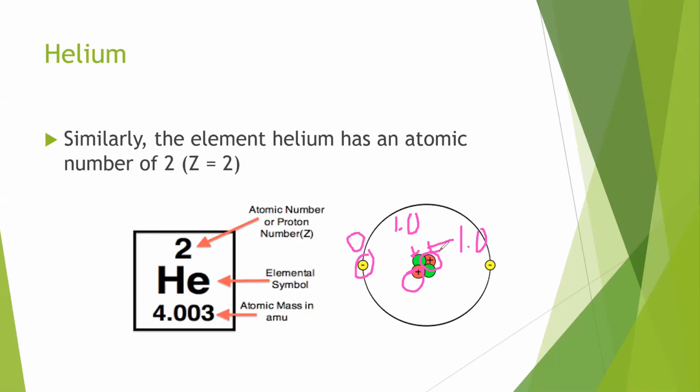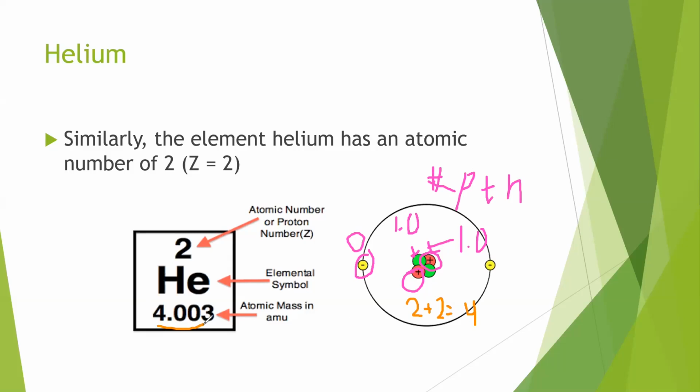So to weigh the atom, you add up the number of protons, P, and neutrons. As you can see here, there are 2 protons and 2 neutrons, and we get around 4. This number is really close to 4, so that's how you calculate the atomic mass.